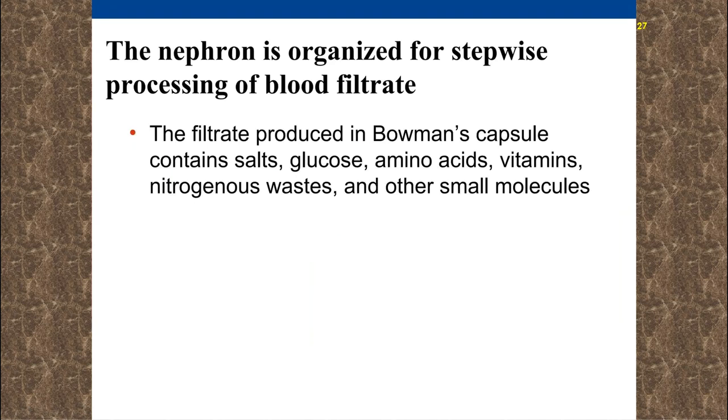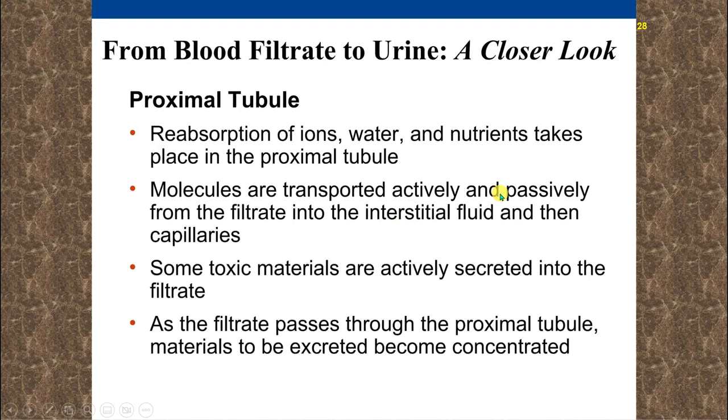The nephron is organized for stepwise processing of blood filtrate. Initially, the filtrate produced in the Bowman's capsule contains almost all the salts, glucose, even essential amino acids, vitamins, nitrogenous wastes, and other small water molecules.